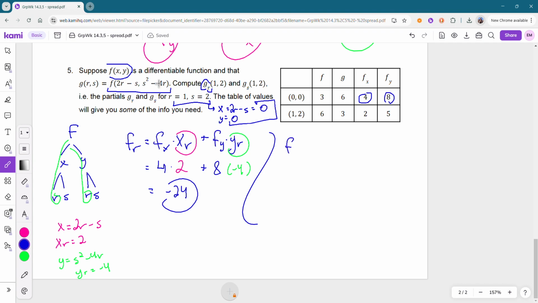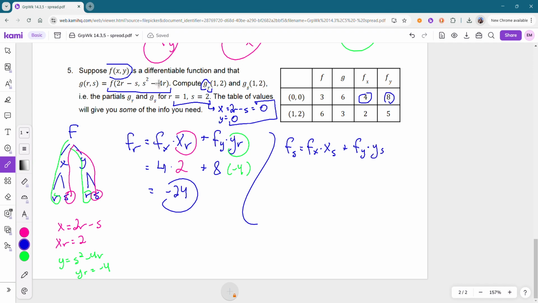Similarly, for our other partial with respect to s, now we're just going down the two paths to s. And so our chain rule formula becomes fx times xs plus fy times ys.